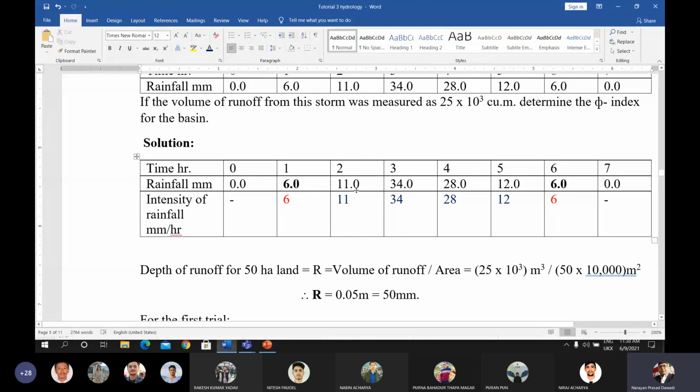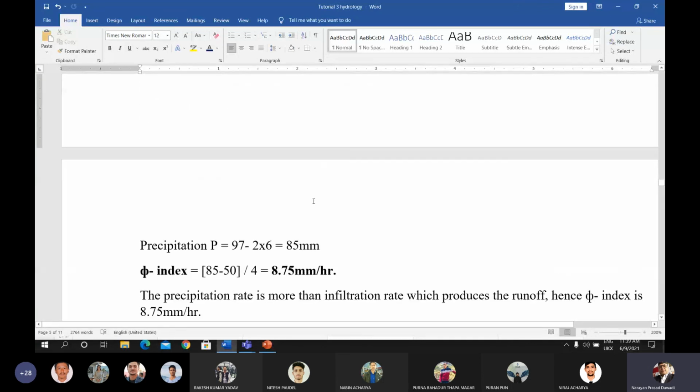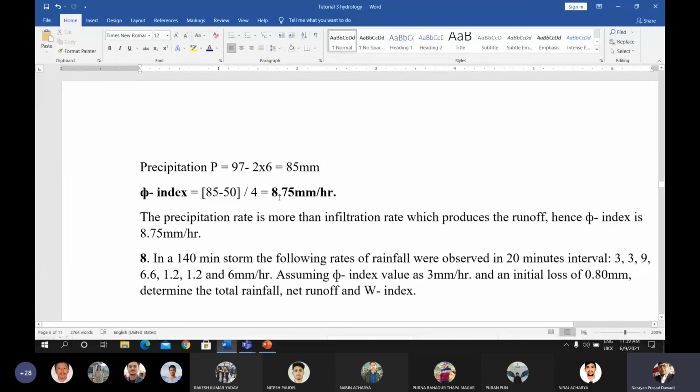So the precipitation of 11 centimeter, 34 centimeter, 28 centimeter, and 12 centimeter will produce surface runoff. The precipitation rate is more than the infiltration rate, which produces the runoff.